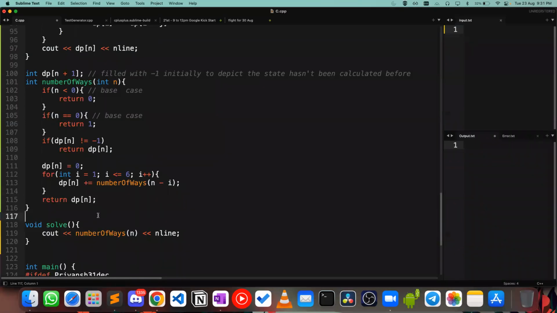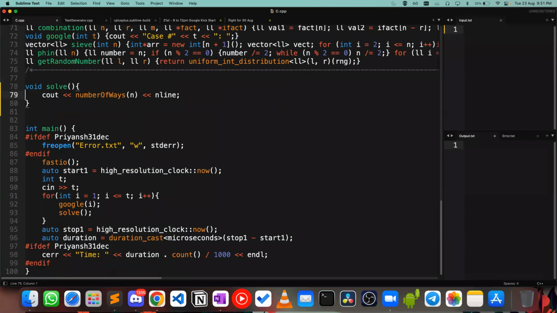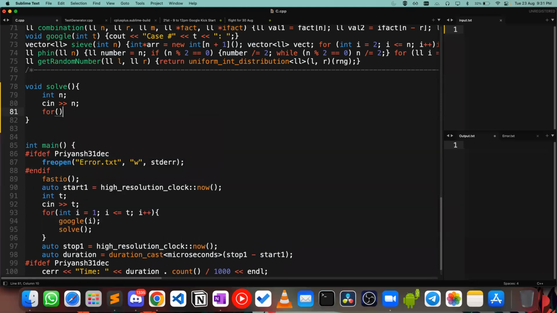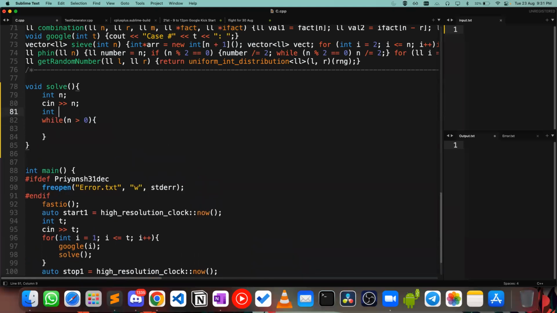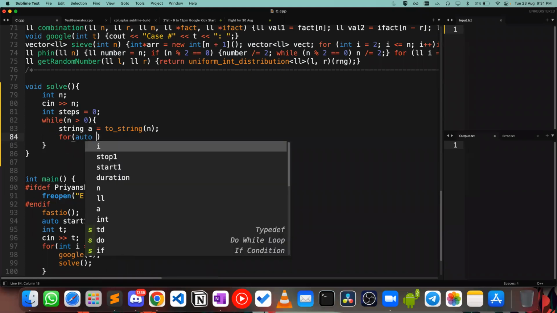Okay, let's do one thing. Let's code it up. That's a good question, and let's try to address it. Okay, so you have int n, while n is greater than 0, and we're doing a greedy thing there. What we do is we find out the biggest digit in n. We can iterate on it. So we can say string a is equal to, basically I'm iterating on all the digits of n.